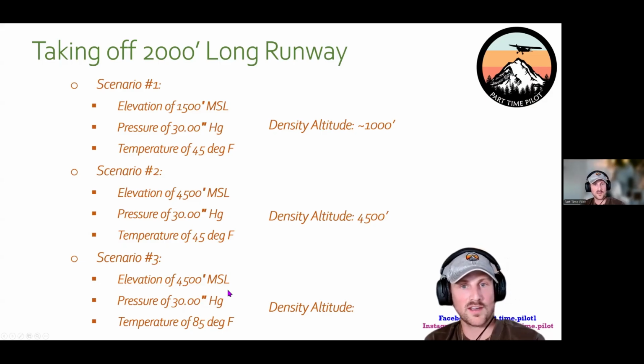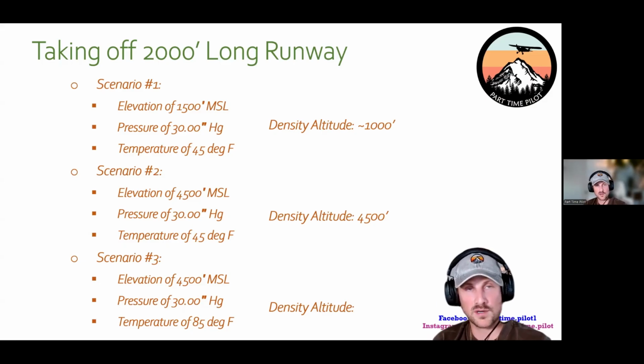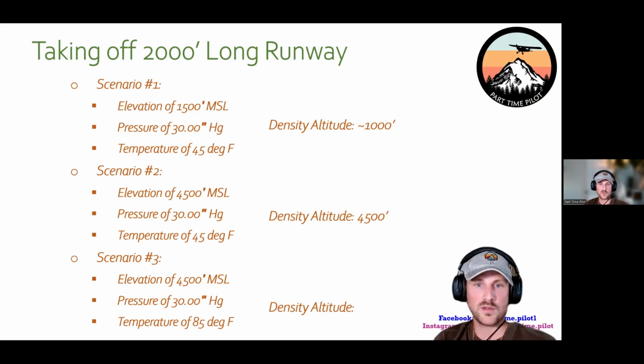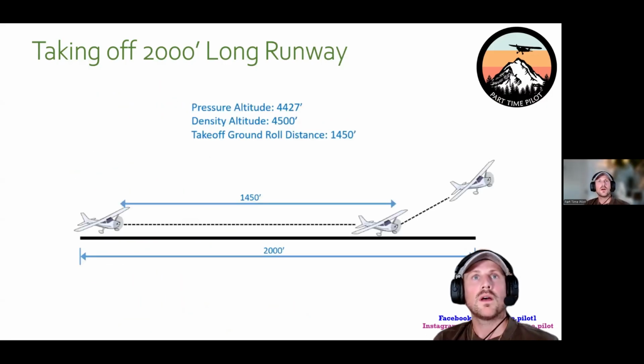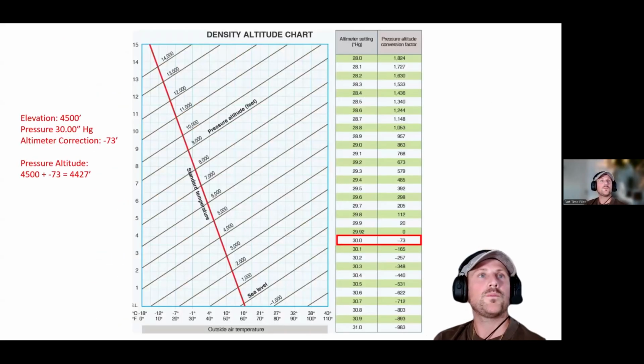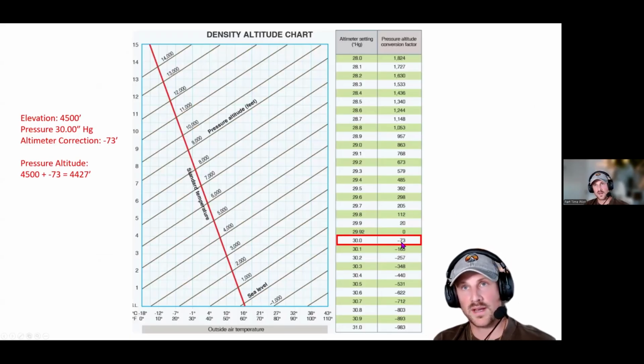So we should still have 4427 for our pressure altitude. Okay, so mostly around 7,000. All right, so just to show you again, we still have 4,500, we still have 30, so we're still using this correction factor of minus 73. When we apply that to 4,500, we get 4427 for our pressure altitude.